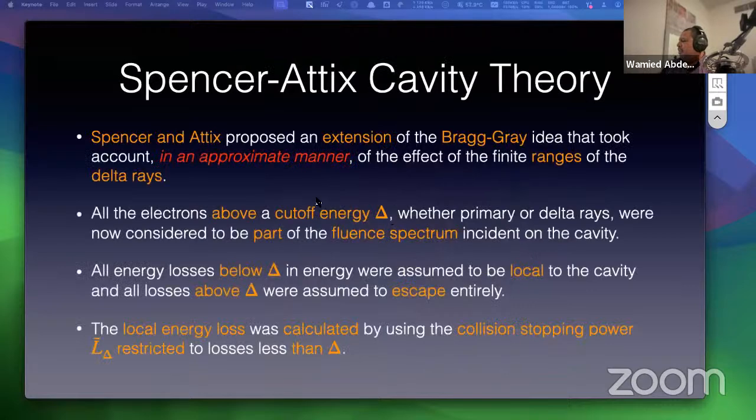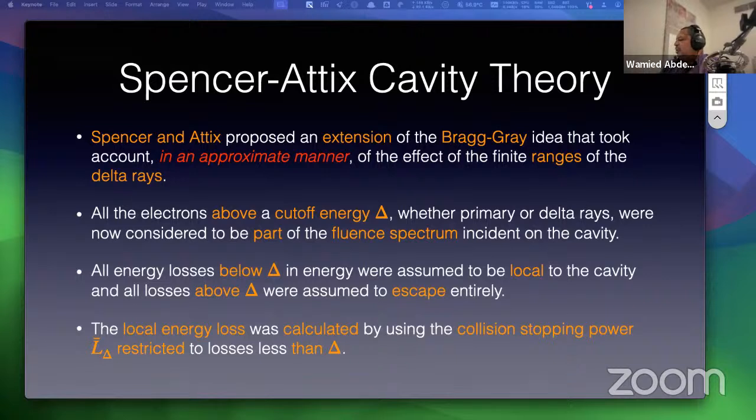Spencer-Attix came up with a solution to this issue, or let's say an extension to the Bragg-Gray cavity theory in an approximate manner. Basically, they say we're going to select a cutoff energy, delta. For example, 10 keV or 100 keV; it will depend on the problem at hand and also on the size of our dosimeter.